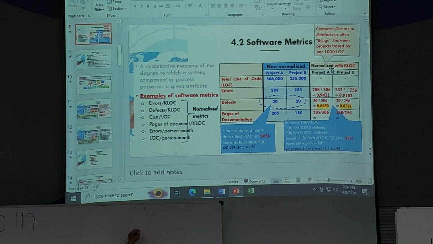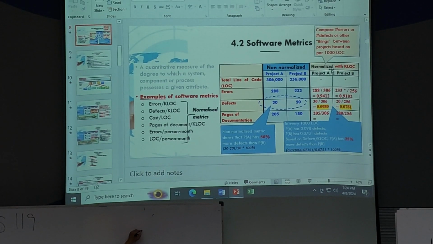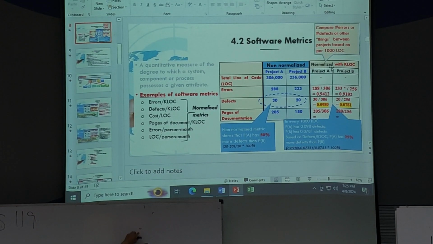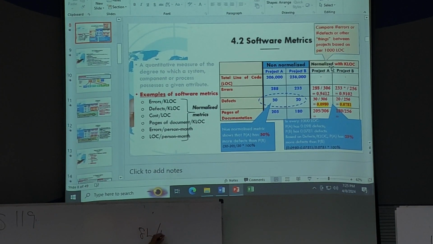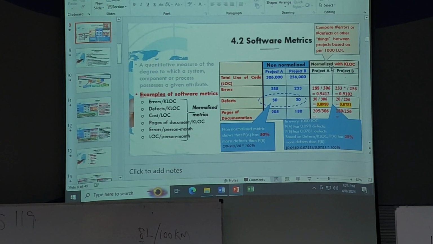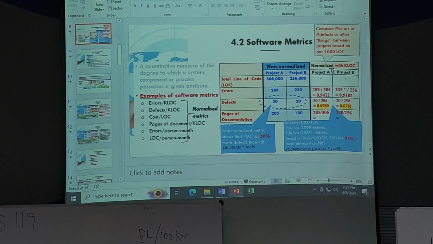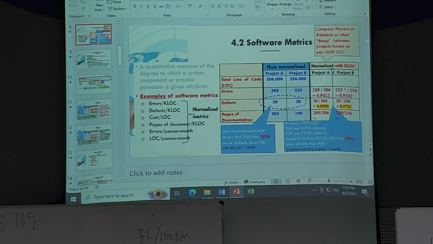For the car industry, they measure how many liters per 100 km. This measures fuel efficiency, to compare fuel efficiency between one brand and another brand.